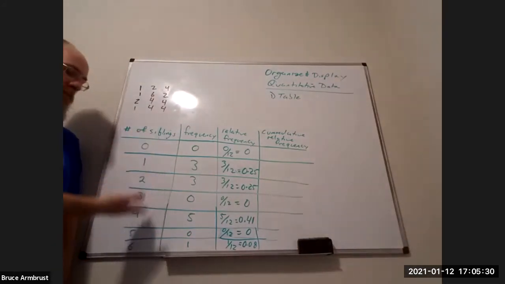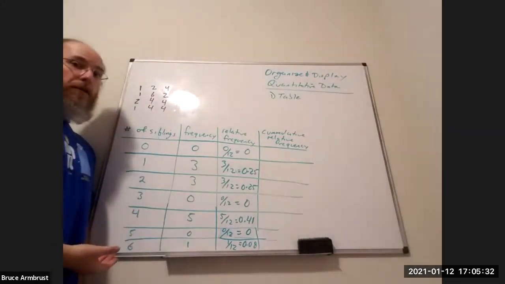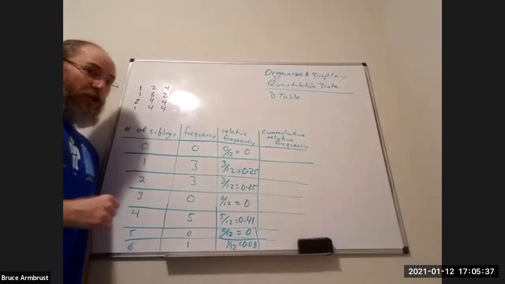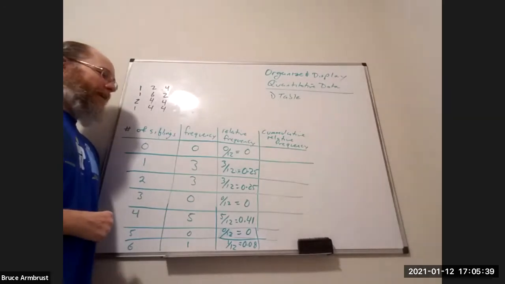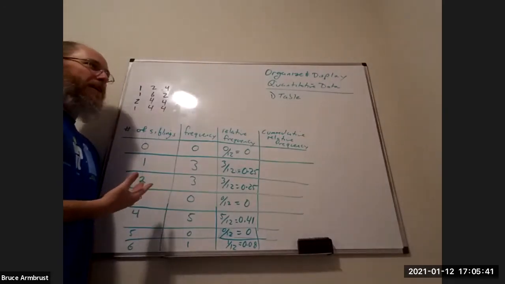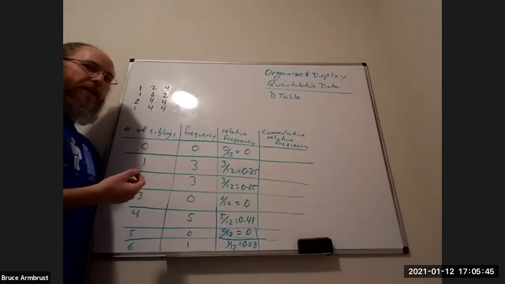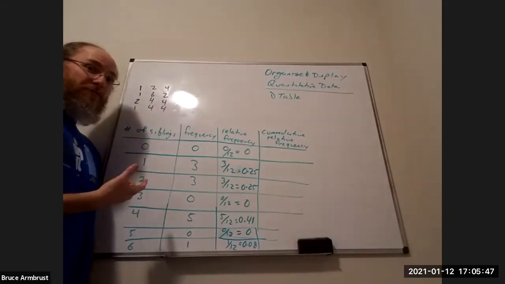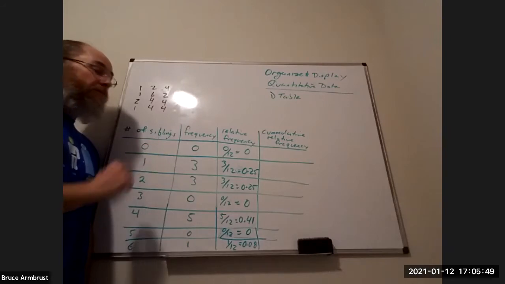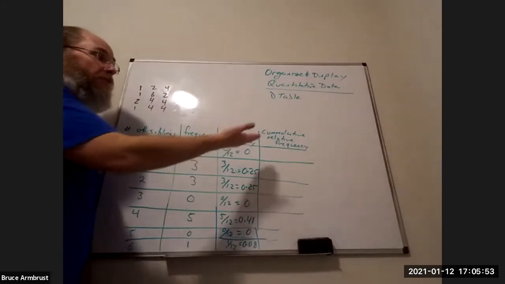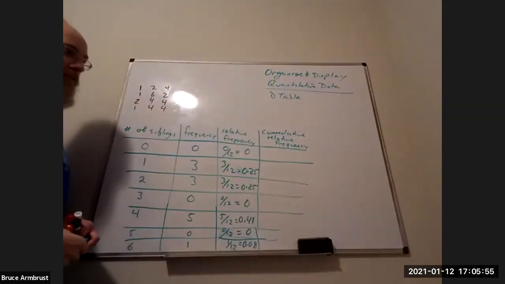But now that these are numerical and there's an order, this is now ordinal. It's actually also an interval. It's also a ratio. It's actually all of those, but it's definitely ordinal. It's definitely ordered. What we'll do now is we'll use the cumulative relative frequency.